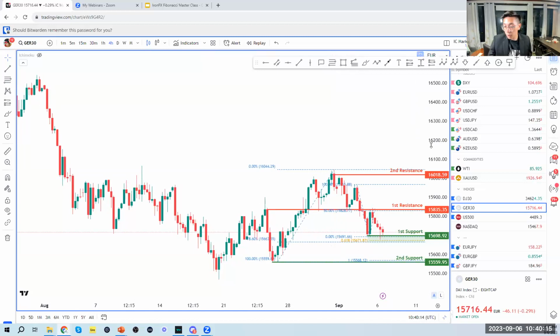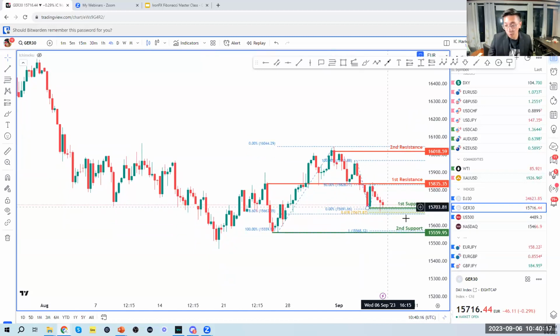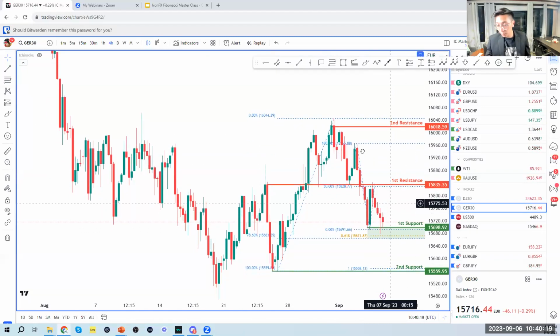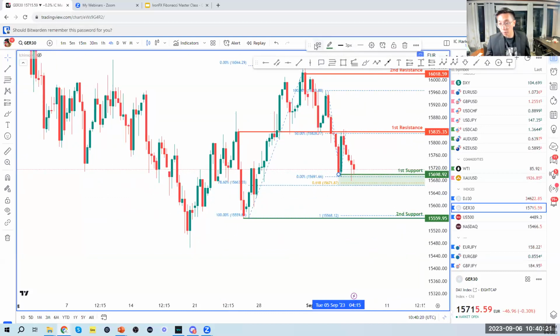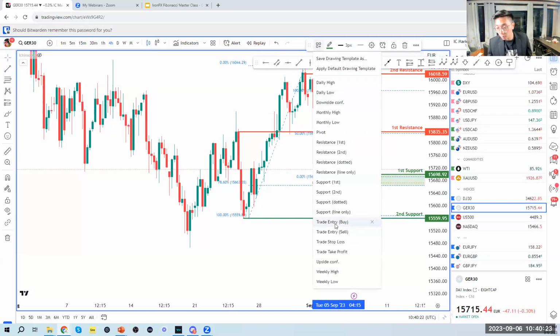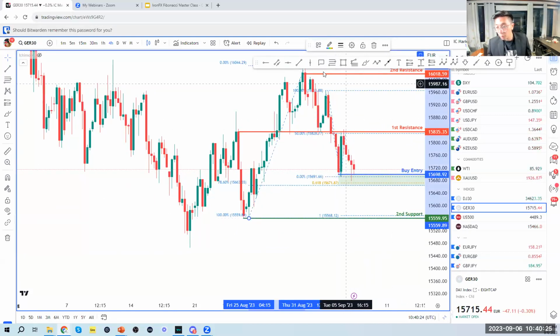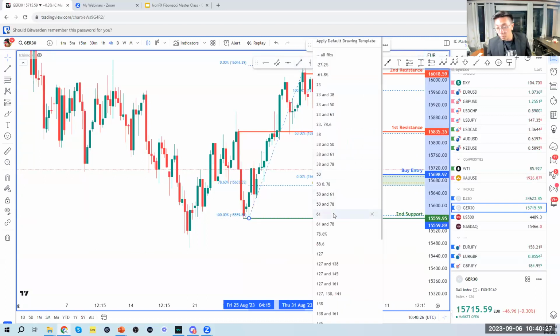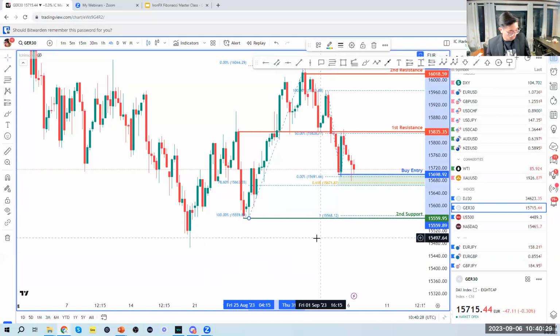So for G30 right here, if I were to enter a buy trade here, seven, 8%.